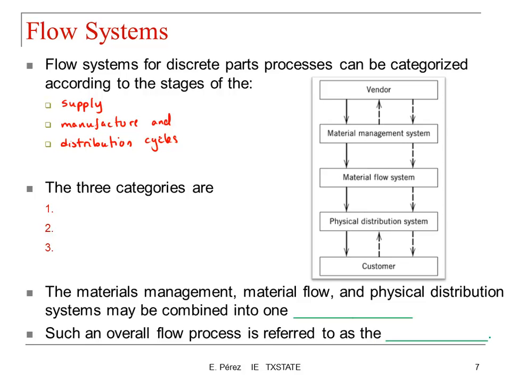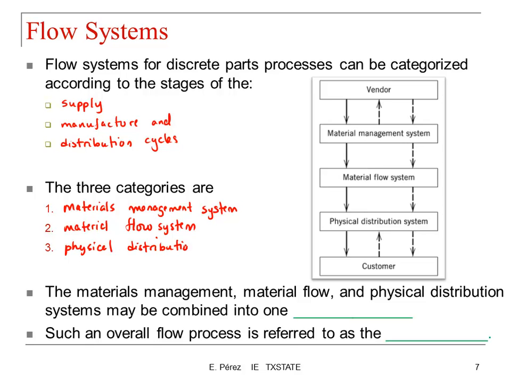And the three categories are the materials management system, the material flow system, and the physical distribution system.